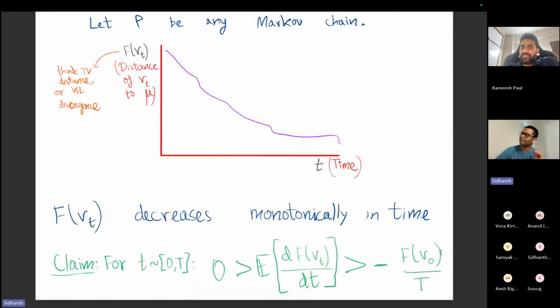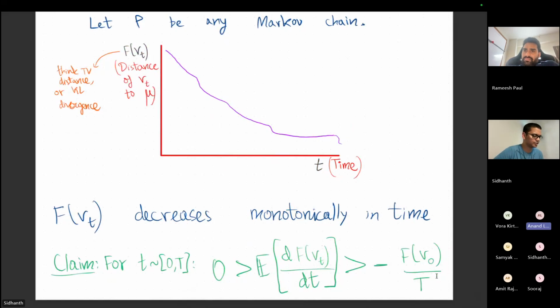So if you're working with chi-square divergence, then at least using this maybe naive bound, t has to be exponentially large. But the short answer is n over epsilon time to get epsilon locally stationary using KL divergence.